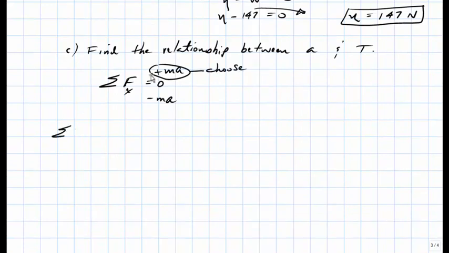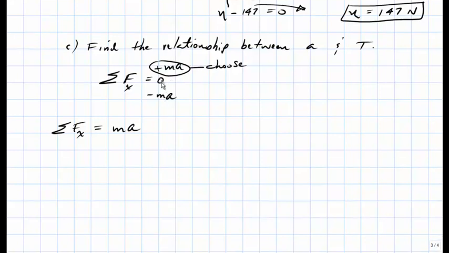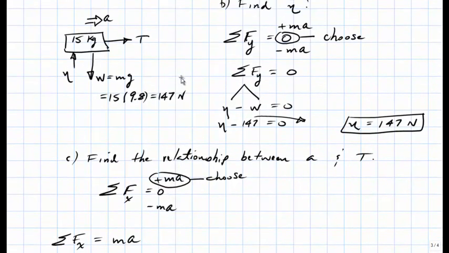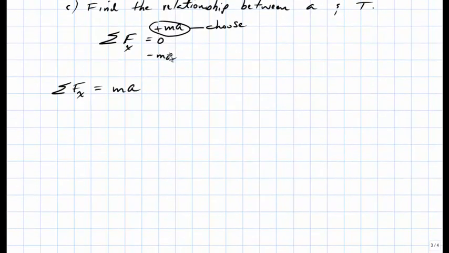And so our guiding equation is just the sum of the forces in the x must equal ma. How many forces are directed along the x-axis? Let's look at our diagram. We only have one, and that is the tension. Keep in mind, acceleration is not a force. On the left-hand side, we're only accounting for forces. So we'll include just the tension on the left-hand side.